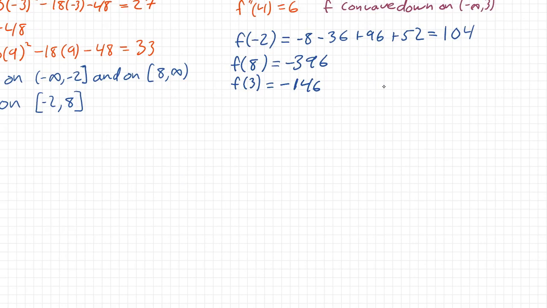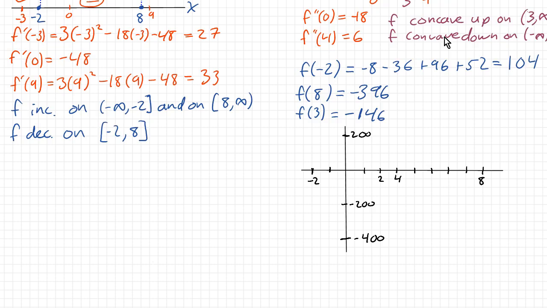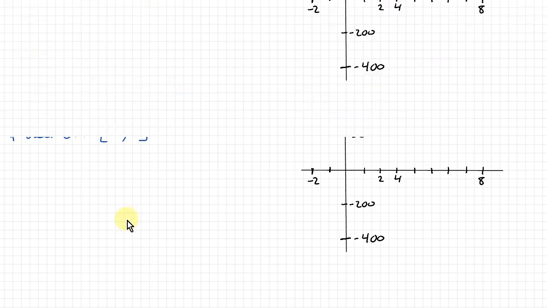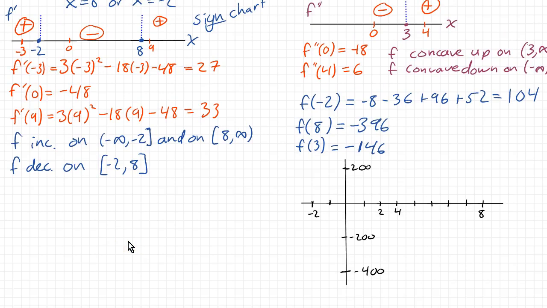So let's make some axes and try to scale them so this stuff will fit. So we've got something like this, and let's look at what we have about it. Where is it increasing and where is it decreasing, so we can draw it in here. It's increasing until we get to -2, and that's going to happen when y is 104 here. So I'm going to try to draw that part. It's going to have this point about right here on it.